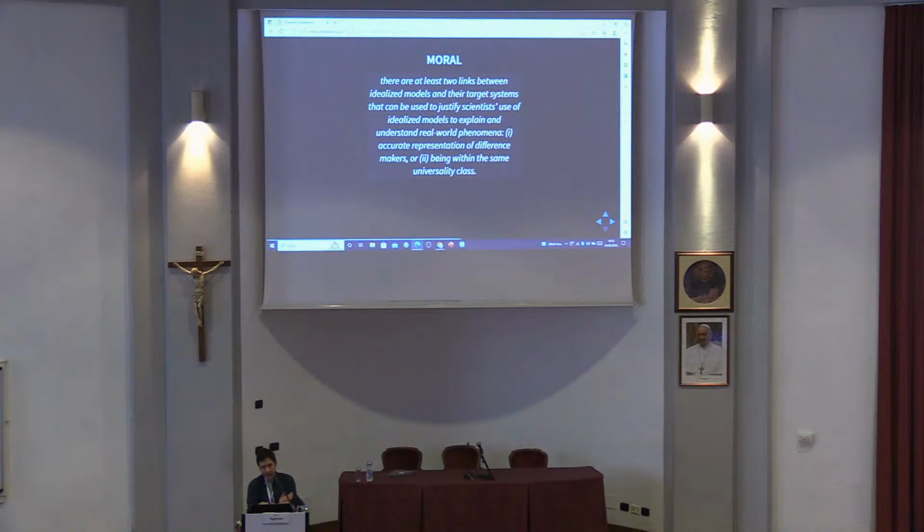So they would say, I think, of an example like the angular momentum case, that the reason why that's explanatory is because it accurately represents those difference makers. The moral that they draw from the use of universality classes or universality explanations is that there is another way of justifying how an explanatory model works.